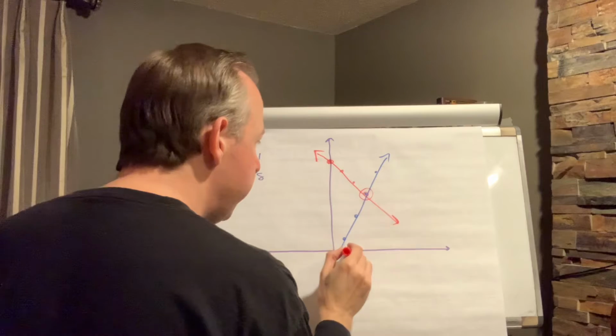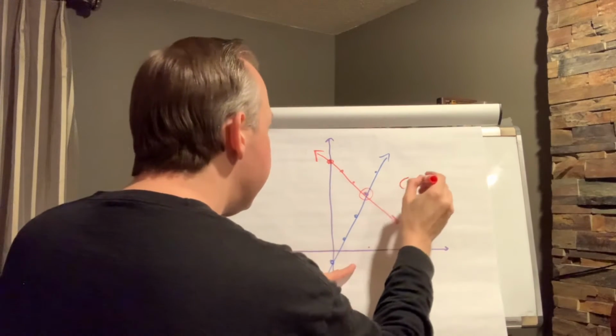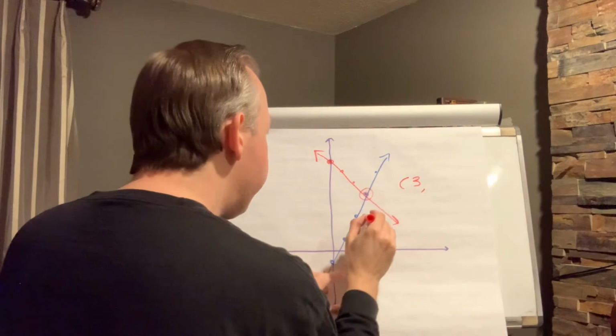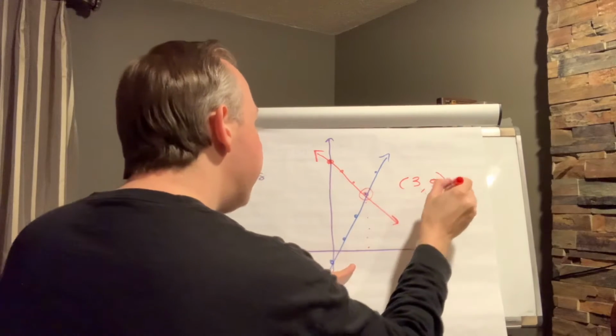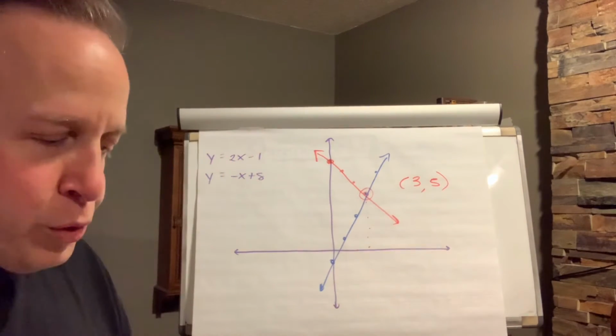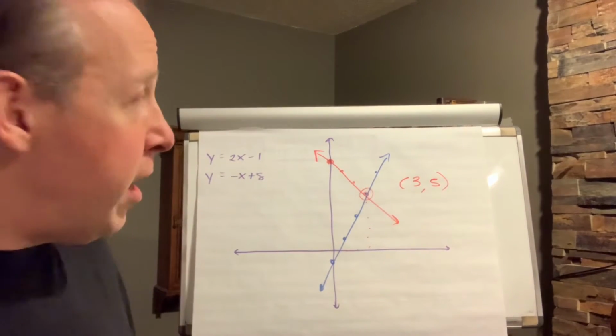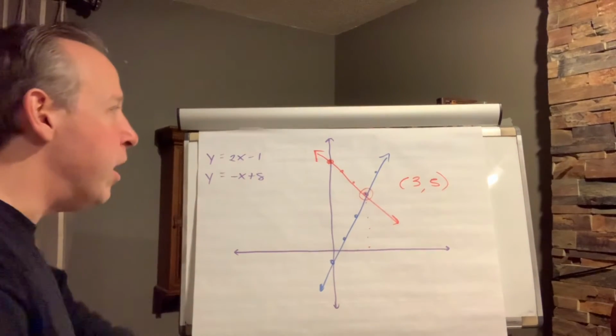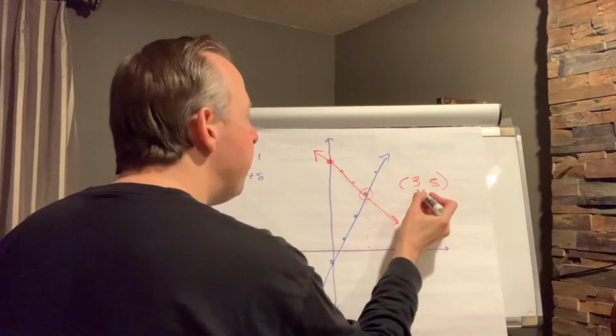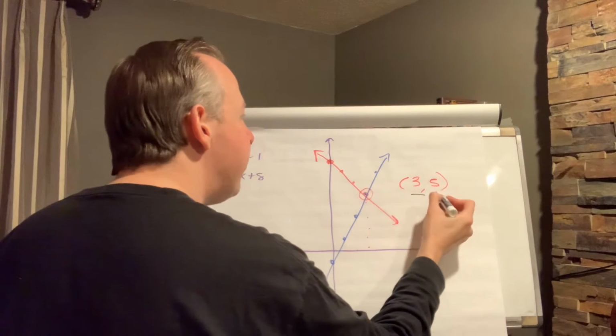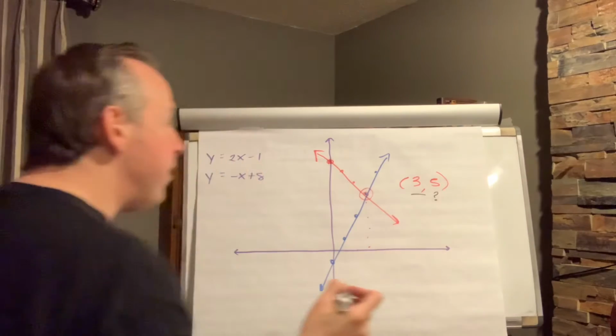Now that's the coordinate 1, 2, 3. 1, 2, 3, 4, 5. So the solution to this system is the coordinate 3, 5. If you want to double check it, you want to plug in the 3 to both of the equations and see if we get a 5 each time.